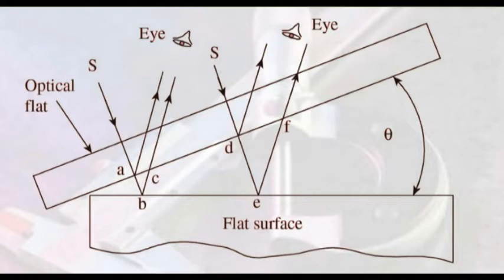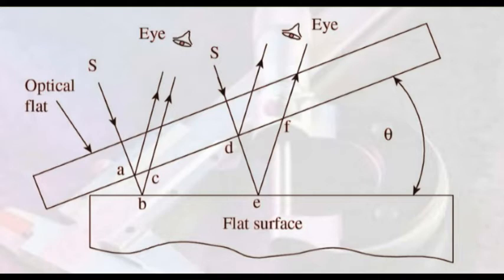So in case of a perfectly flat surface, the fringe pattern is regular and also parallel. If it has some deviations, the pattern is a measure of error in the flatness of the surface being measured.